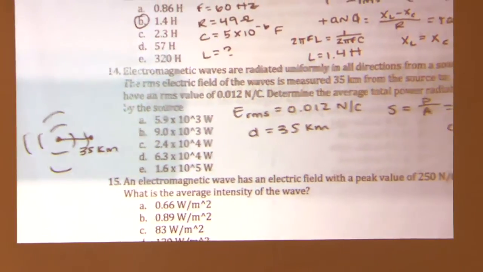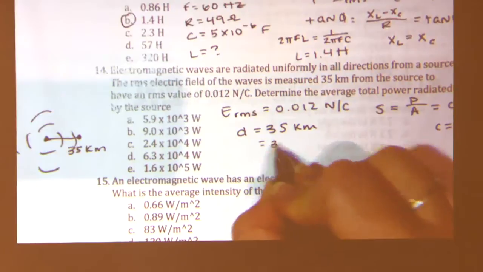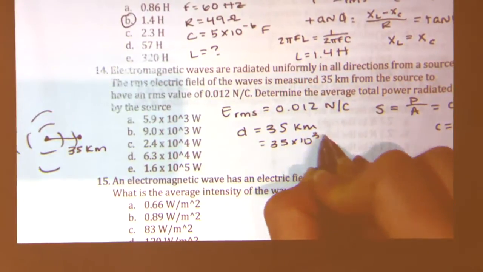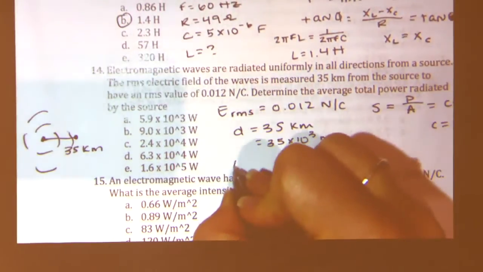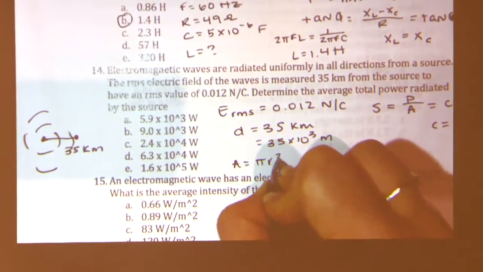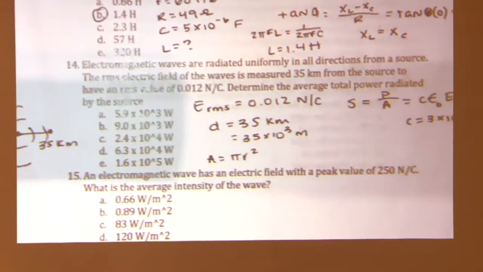So just remember that you're going to have to use that 35 kilometers, which is really 35 times 10 to the 3 meters, and plug it in to area is equal to pi r squared. Just be thinking about that.